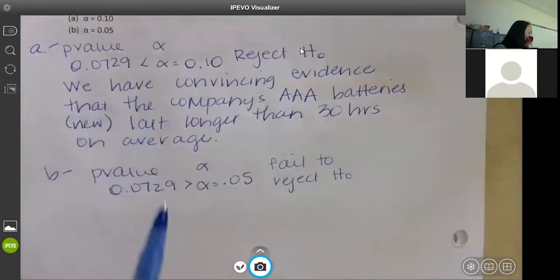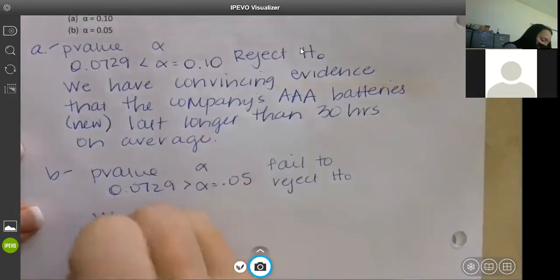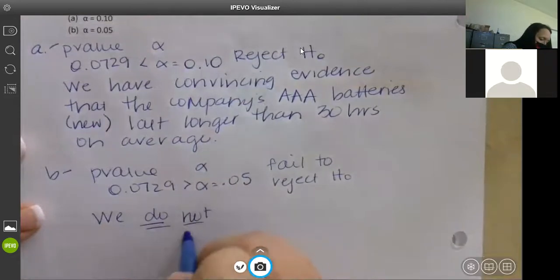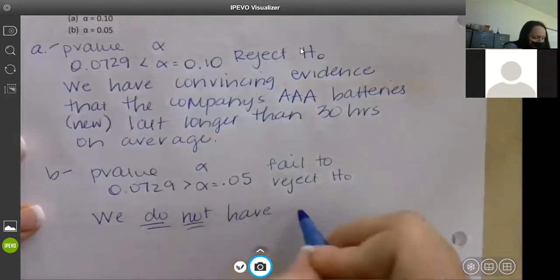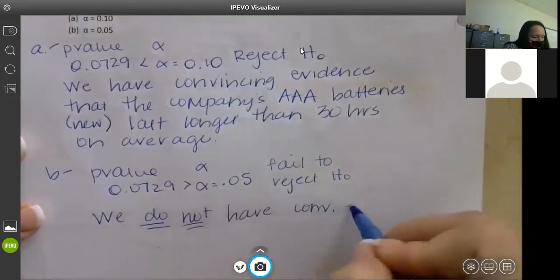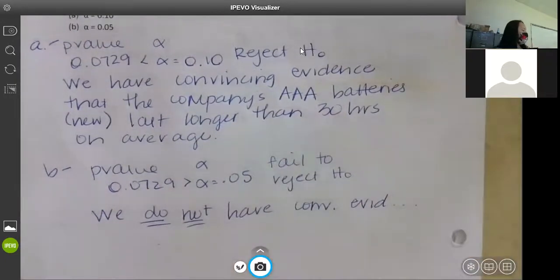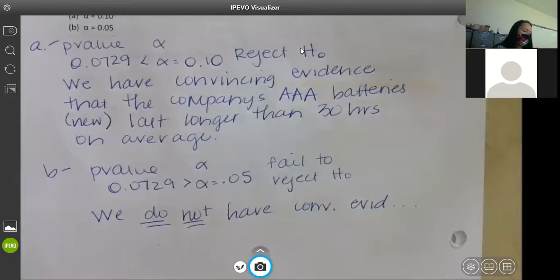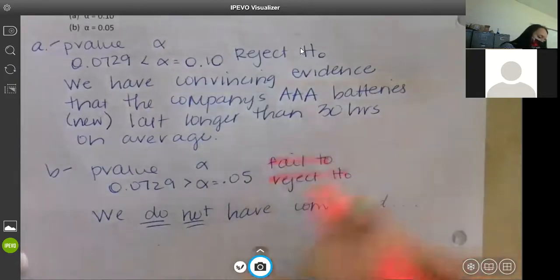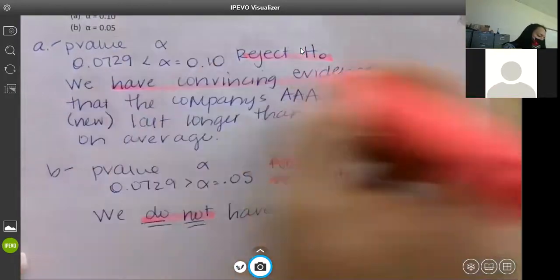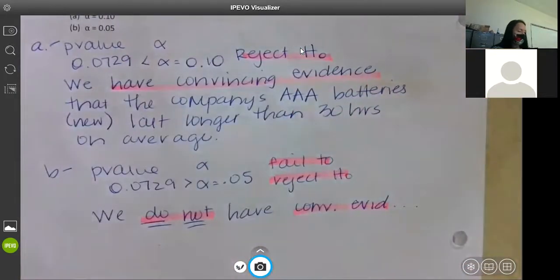Got it? It is the same exact thing. If you need to write that on your notes, same sentence, just add the words do not. So again, fail to reject, do not have convincing evidence; reject, we have convincing evidence.